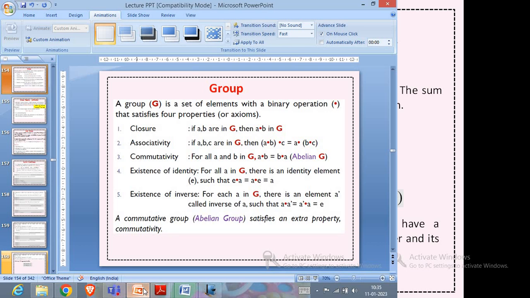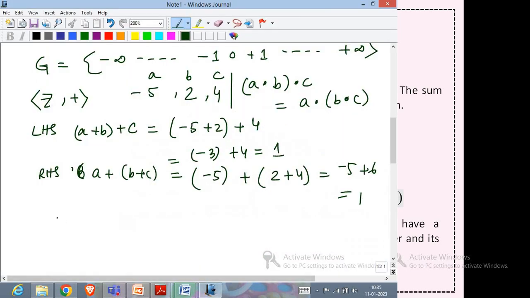But if I consider Z comma plus, will it work? Let's see. I think it should work. Suppose I take two elements: 5 plus 2 is 7, and 2 plus 5 on the right-hand side is also 7. Very simply we can prove it.